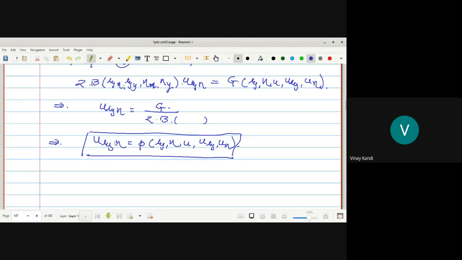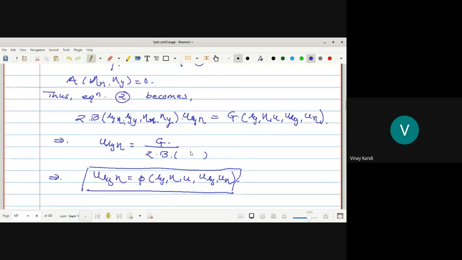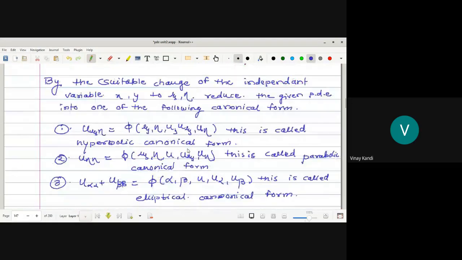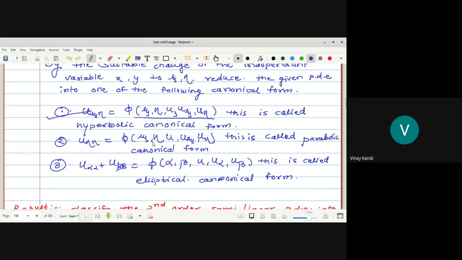Look at here, u psi eta is equal to phi of this one. In the last lecture we saw that u psi eta is the function of this one, zeta, eta, u zeta, u eta, u psi and u eta. It's called the hyperbolic canonical form.